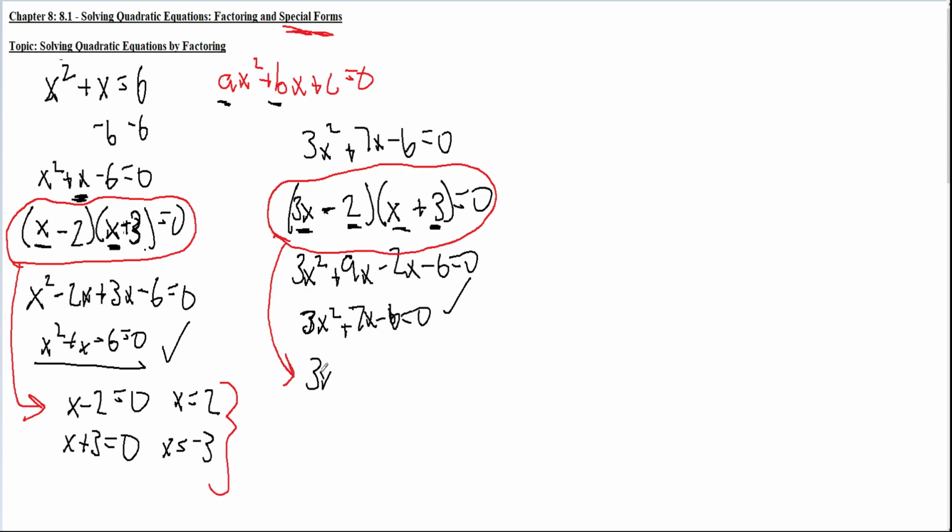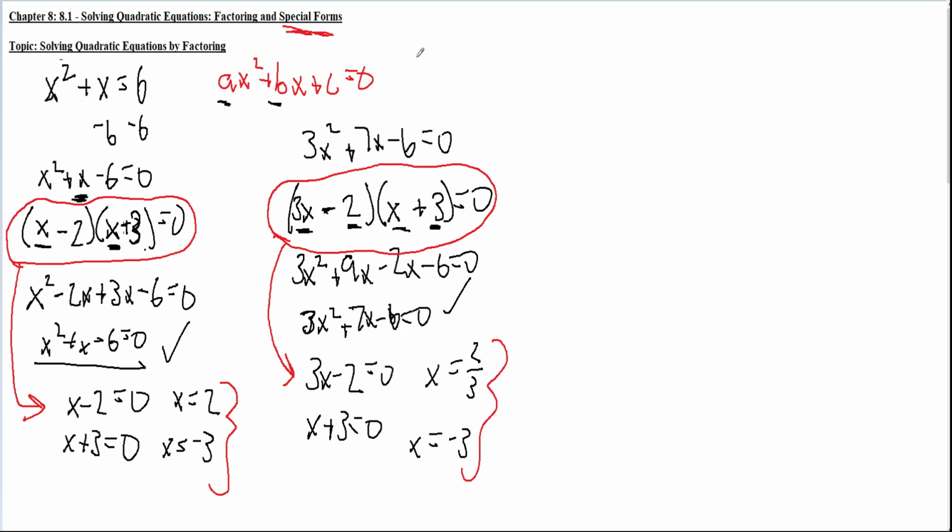So we have 3x minus 2 equaling 0, and x plus 3 equaling 0. If you solve for x, for the first one you'll get x is equal to 2/3, and for the second one you'll get x is equal to -3. So those two x values would be our solutions for the quadratic equation.